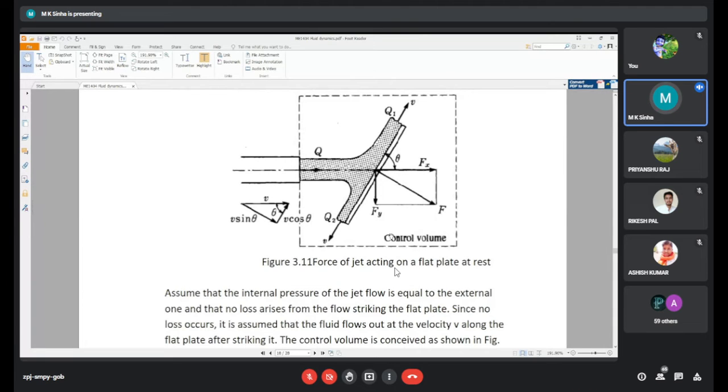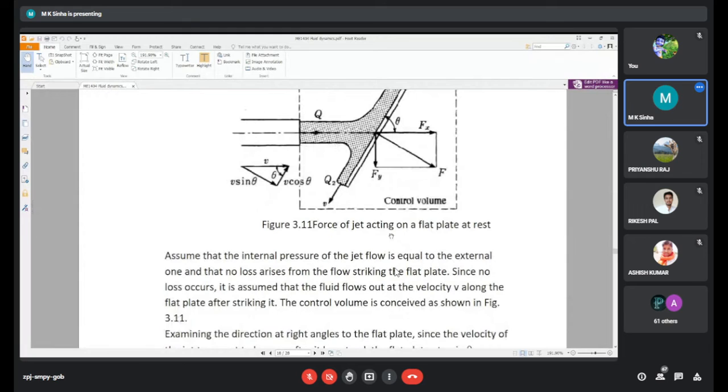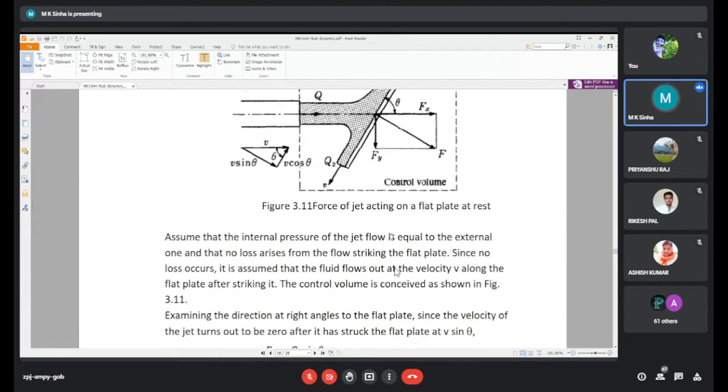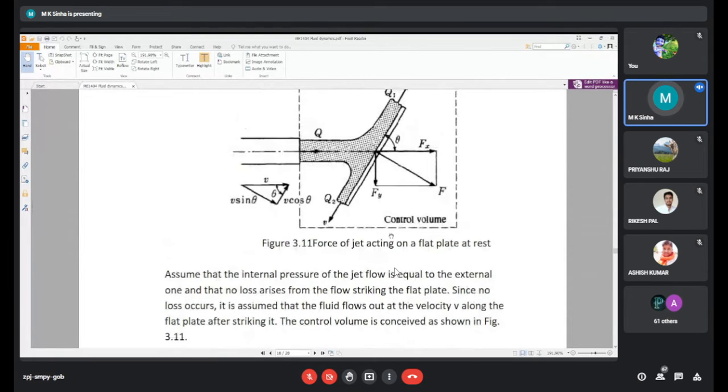The internal pressure of the jet flow is equal to the external one, and no loss arises from the flow striking the flat plate. It assumes the fluid flows out at velocity v along the flat plate. The control volume is marked in the figure.